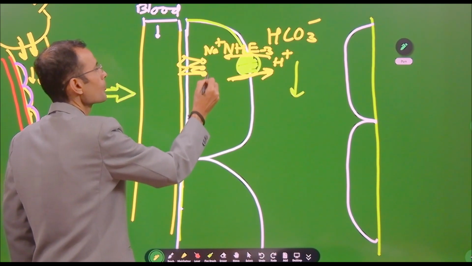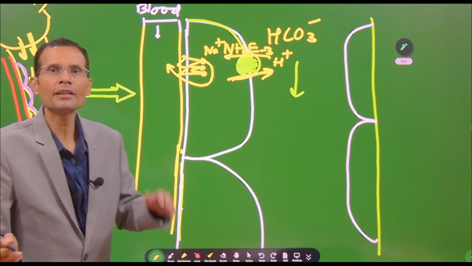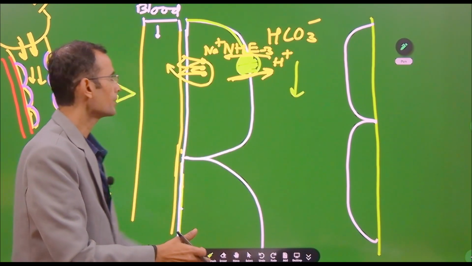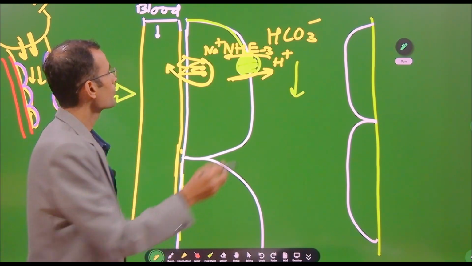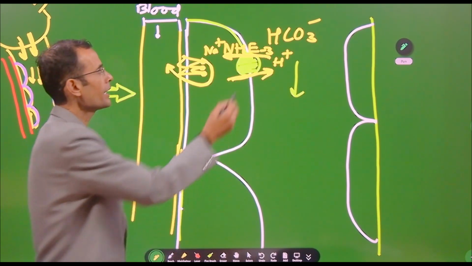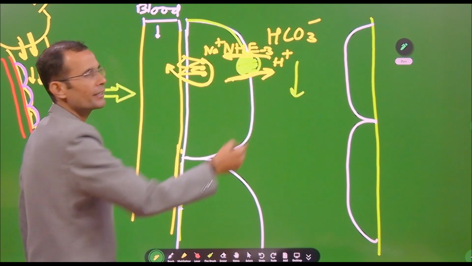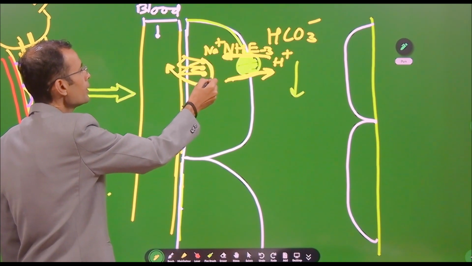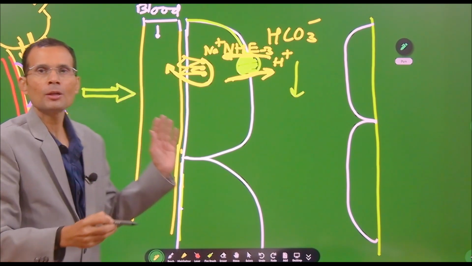What this pump does is remove the sodium from inside the cell and send it out into the interstitium and eventually into the blood vessel. So sodium transport is occurring like this. The NHE removes the sodium from the tubular fluid and transports it into the cell, and in exchange the H plus is secreted. The sodium which came into the cell will then be removed by the sodium potassium pump and taken into the blood.